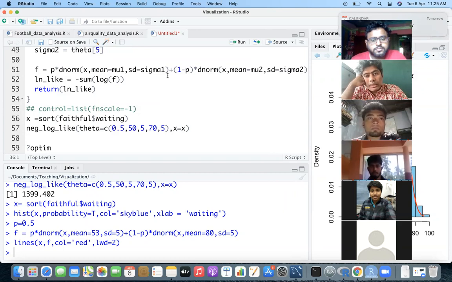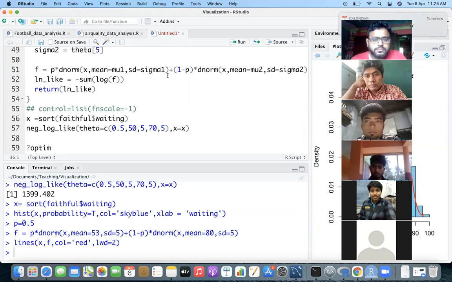We don't know at this moment whether it has 1 mode or 2 modes. So one way of solving that issue is you plot the likelihood function and check if there are 2 modes, or if it is a single mode, or if it's a more than multimodal distribution. Okay.